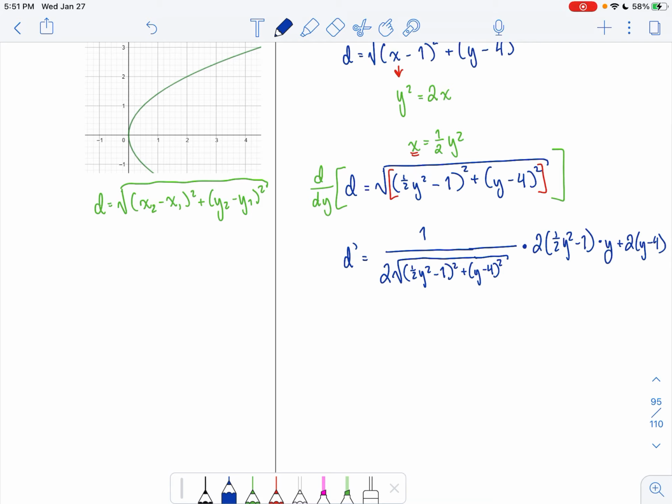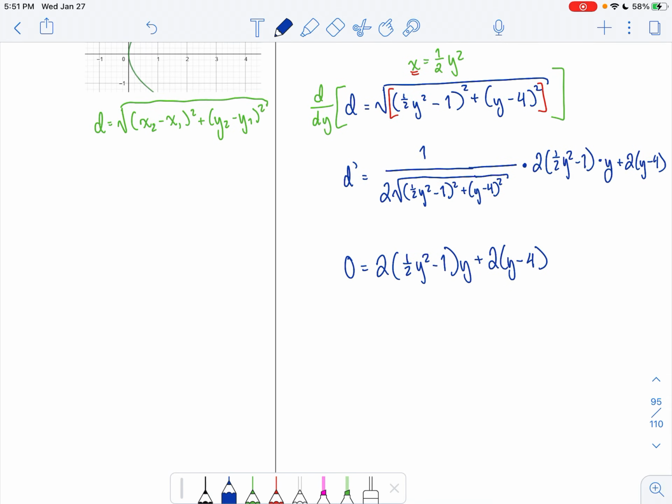The reason I've written it like this is that when I set this equal to 0, I'm not worried about the denominator equaling 0. I can multiply it up and it gets rid of it, and I'm just left with 2 times 1/2 y squared minus 1, times y, plus 2 times y minus 4. This is a different way to do it than what's necessarily in the PDF, but I wanted to show you a nice way to do it.